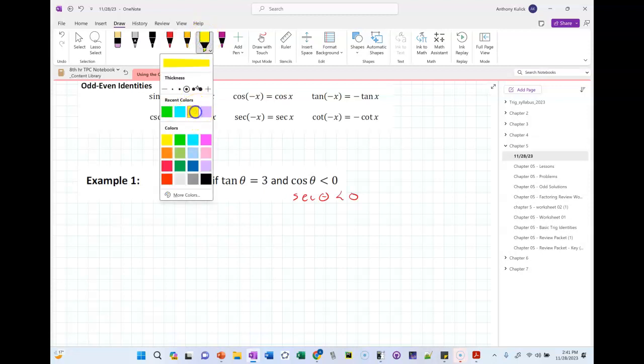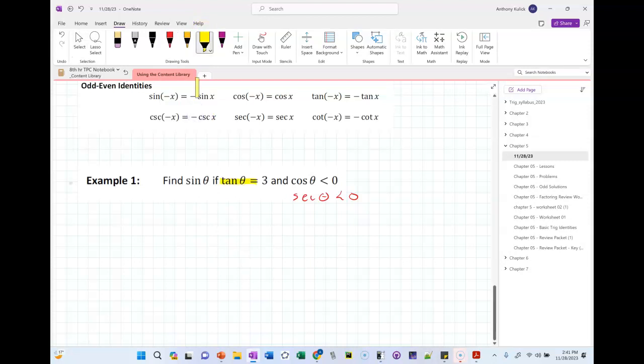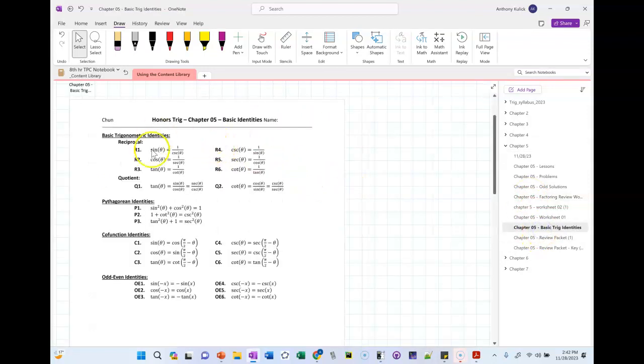Now what I'm going to do is look for an identity involving just tangent and either cosine or secant on my identity sheet. So nothing here. Those all have 3 in them. Aha! Look at P3. Tan squared theta plus 1 equals secant squared theta.